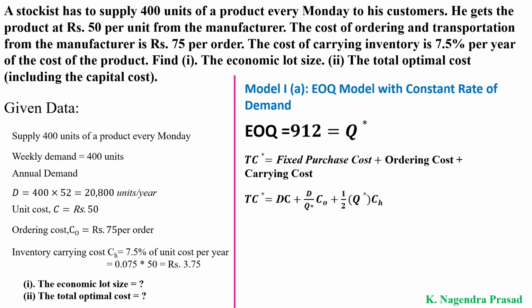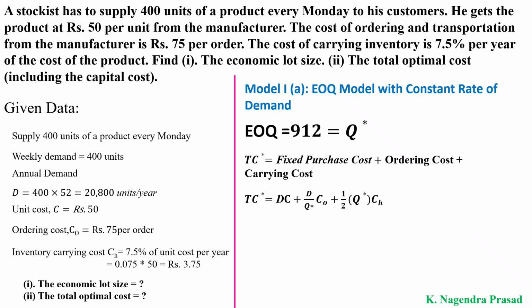And carrying cost is the average inventory into carrying cost. So average inventory is nothing but 1 by 2 into Q star, and carrying cost is CH. So TC star equal to DC plus D divided by Q star into C0 plus 1 by 2 into Q star into CH.